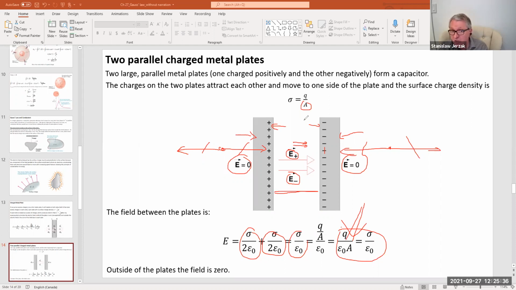That usually these two sheets will be very close to each other at very short distance. But if the separation is large or comparable to the size of these two sheets, then the electric field is not really uniform.